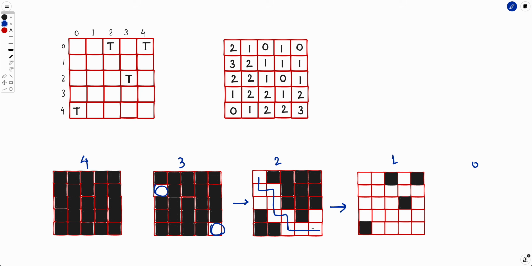Basically this is a very straightforward disjoint set union problem. Initially everything is empty, or basically everyone is in their own group, right? Now after every iteration you are merging some of the groups, and if at any iteration group 0 and group n minus 1 n minus 1 are in the same group or same component, that will be your answer.